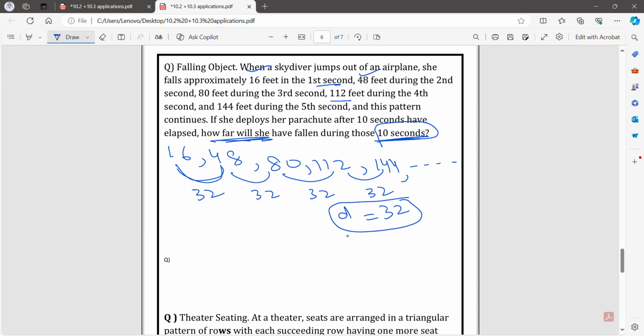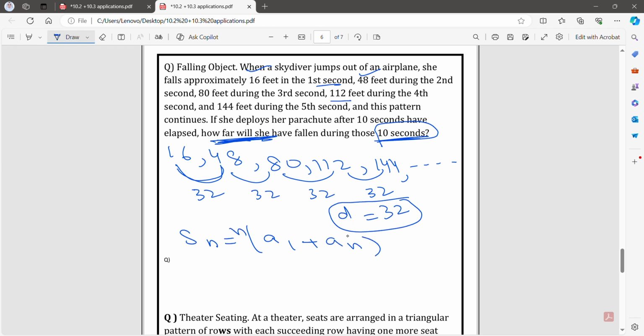Because first they give you the first second, second second, third second, fourth second. Now they are saying find the height in total 10 seconds. Total means sum, right? So again we use the formula Sn equals n over 2 times A1 plus An.